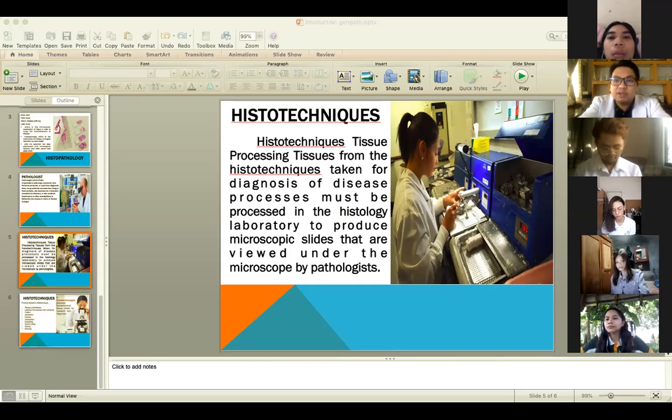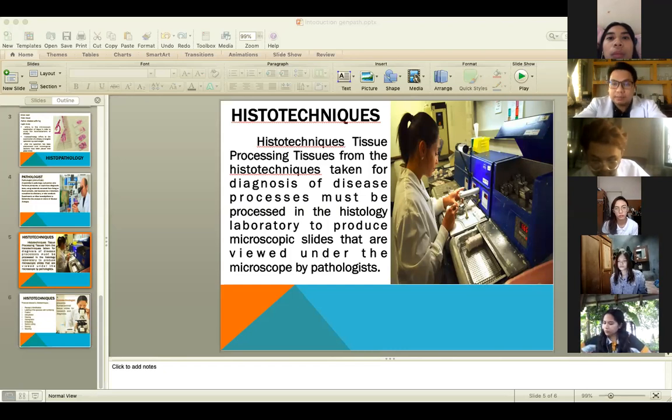Kung benign, close na siya kasi benign lang naman. Pag cancer or malignant yung tumor, iniiwasan na mag-spread or mag-metastasize. So it's either removal of the breast part or both breasts. So that's the method for frozen section.